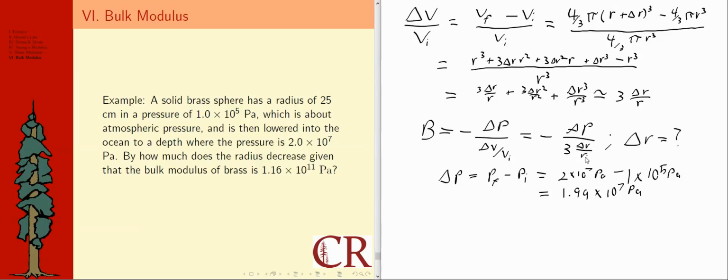I don't have a lot of space here, so I'm going to have to be a little bit abbreviated in showing some of my steps, because what I'd like to do is algebraically solve for delta R. If I imagine multiplying delta R on both sides, dividing by B on both sides, I would have something like minus delta P on top divided by 3 times B, and then I'm going to migrate this R sub i that's down here and just multiply that over here.